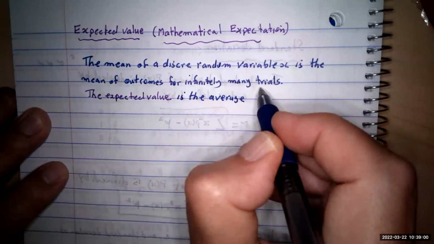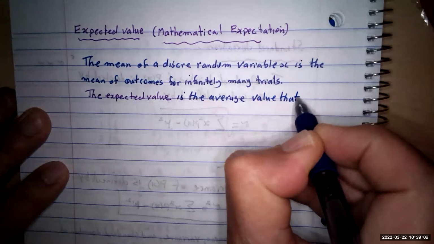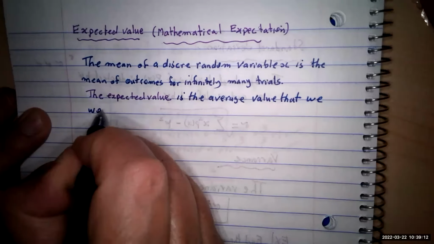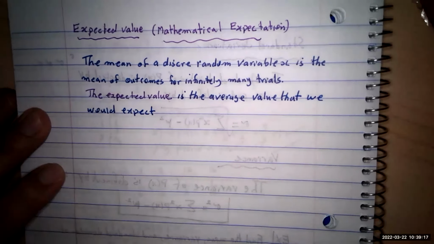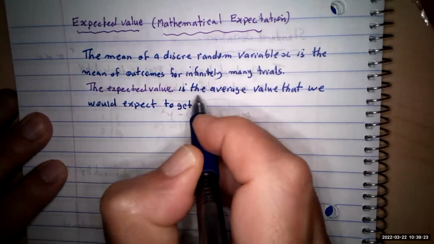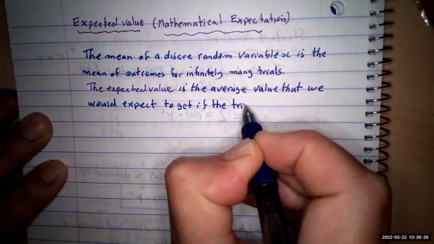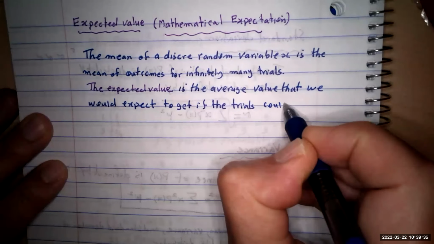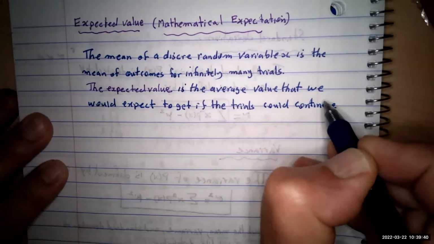It's going to be the average value that we would expect to win, to get or to gain, if the trials could continue forever.